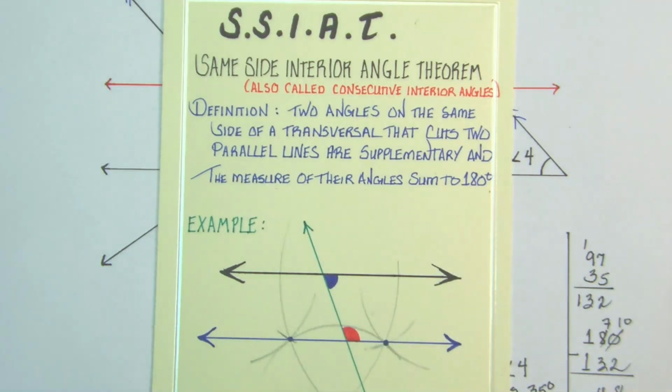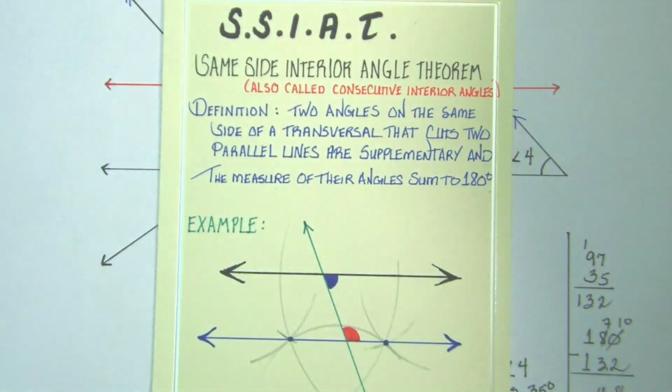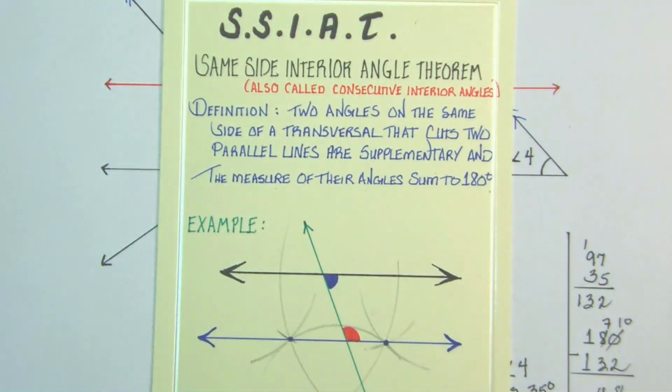Let's go over that again. Basically, you've got two parallel lines, and now you've got two angles that are sort of facing one another. If you have a situation like that, the sum of those two angles is 180 because they're supplementary, all right?